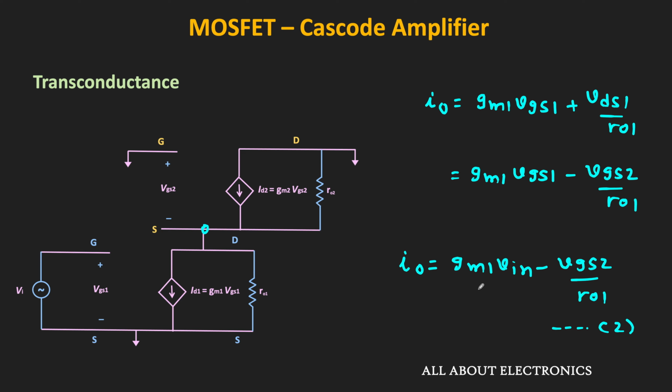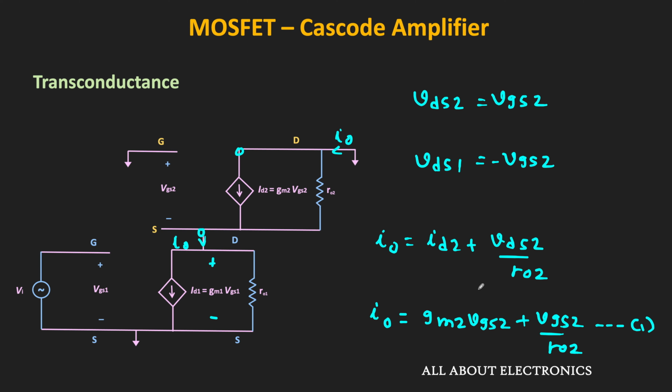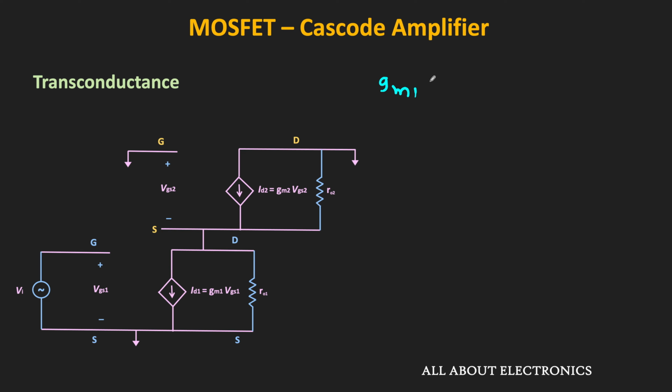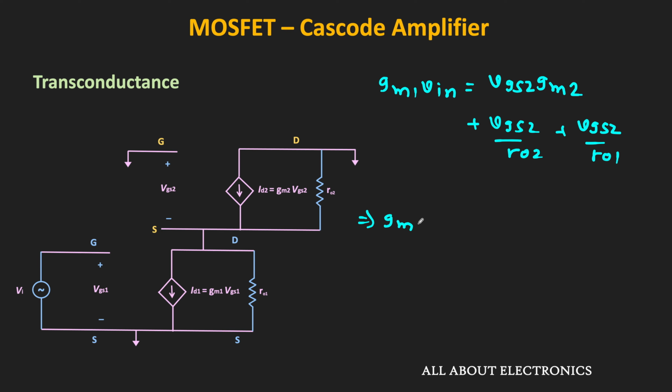So now, comparing equations 2 and 1, we can write gm1 times Vin is equal to VGS2 times gm2 plus VGS2 divided by ro2 plus VGS2 divided by ro1, or we can say that gm1 times Vin is equal to VGS2 times (gm2 plus 1 over ro2 plus 1 over ro1).